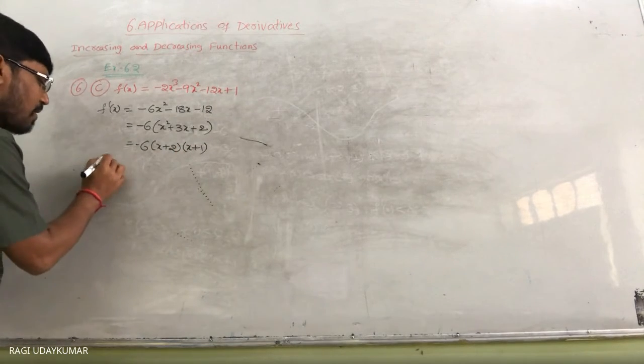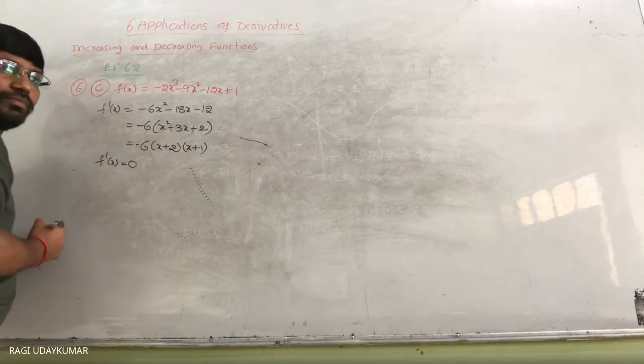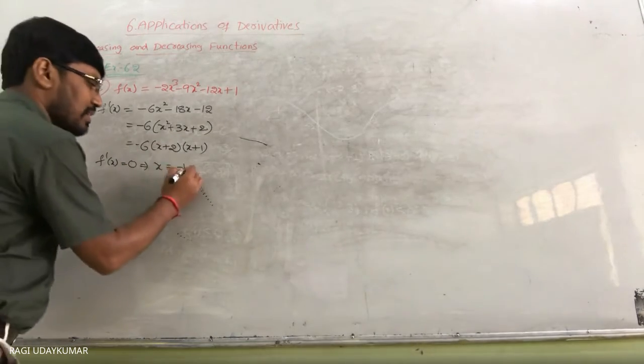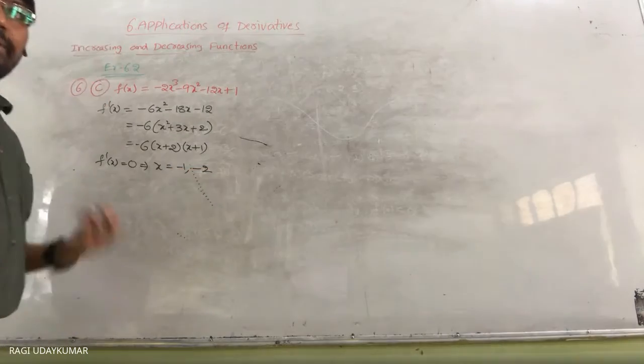So f dash of x is equals to 0 implies x is equals to minus 1, minus 2. And be careful here.